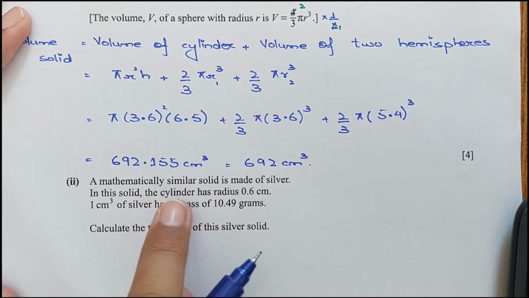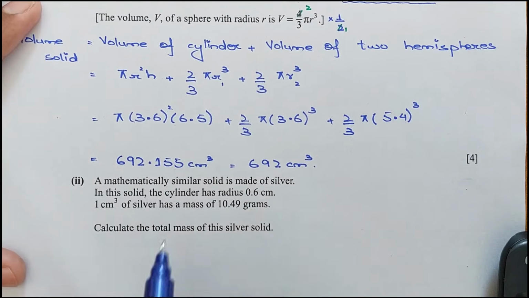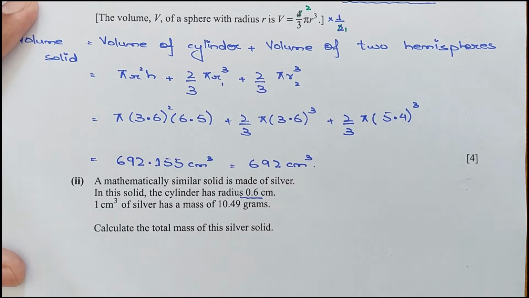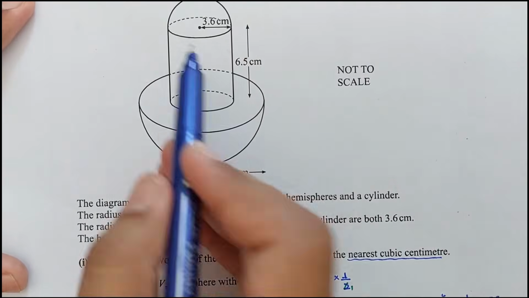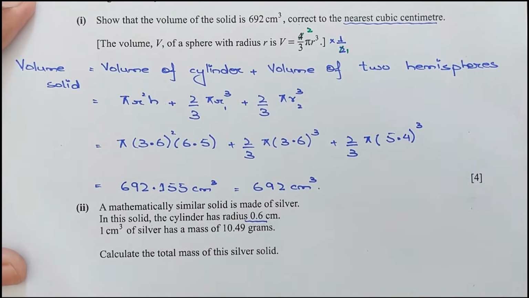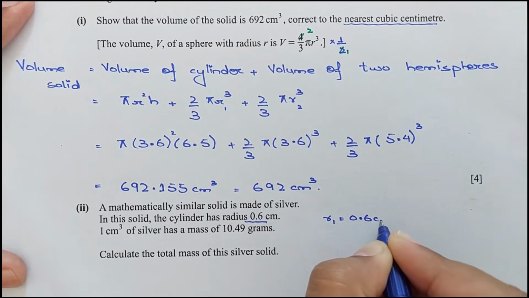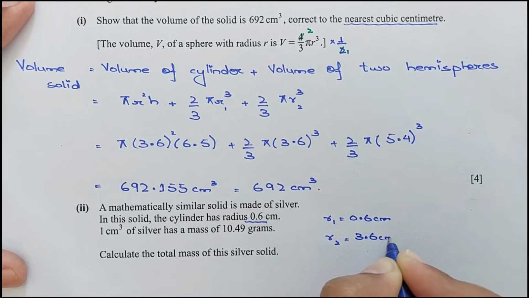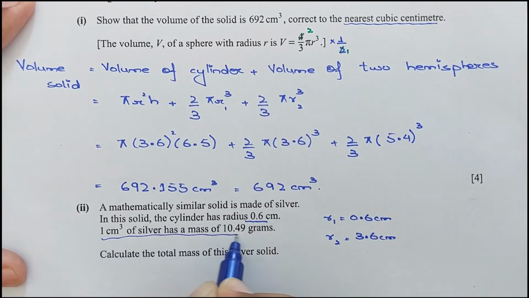Now for the second part, a mathematically similar solid is made of silver. So this solid and another solid made of silver are both mathematically similar. The cylinder here has a radius of 0.6 centimeter, and the other cylinder has a radius of 3.6 centimeter. One centimeter cubed of silver has a given mass.